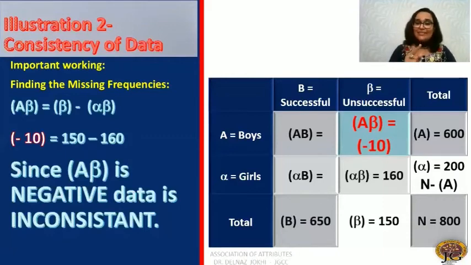But in this case, for this illustration number 2, data is inconsistent. I hope you understood very clearly what is consistency of data, because it is a very important theory for your exam.